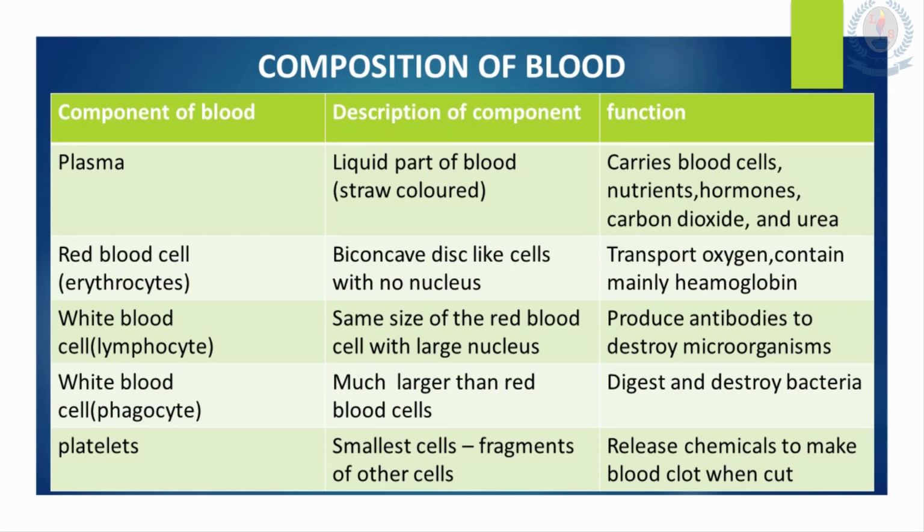If we consider the phagocyte, the other type of white blood cell, they are much larger than red blood cells. They have the ability to digest and destroy bacteria by an engulfing process.